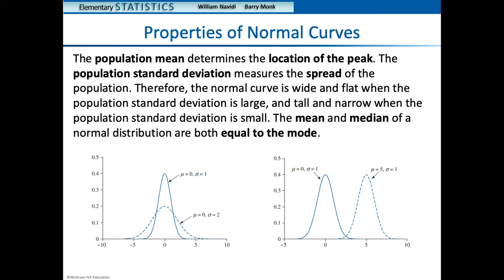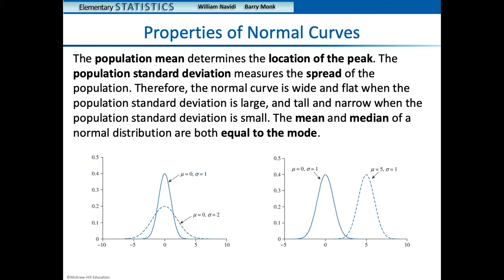In this diagram down at the bottom of the screen, we see an illustration about how normal curves can differ, right? In the diagram on the left, we have two normal curves that have the same mean, but different standard deviations. They have the same mean because they're both centered over the same number, which is the number 0, right?